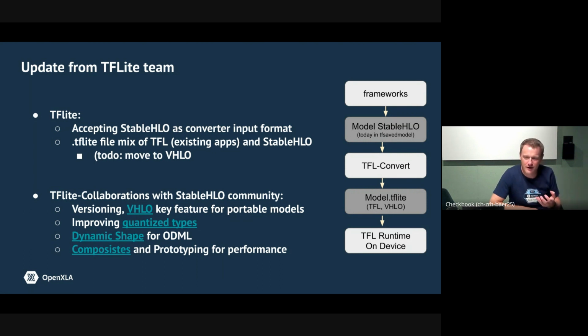The most relevant touch point with the community here is stable HLO. There, we were giving feedback on versioning. We were also following the earlier work to improve quantized types, as well as looking at how dynamic shape support is evolving in stable HLO, because that's important for some frameworks.